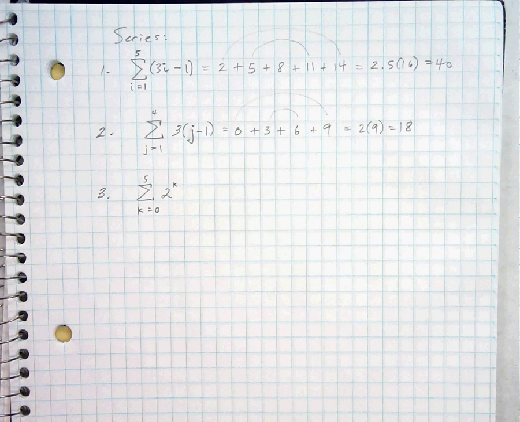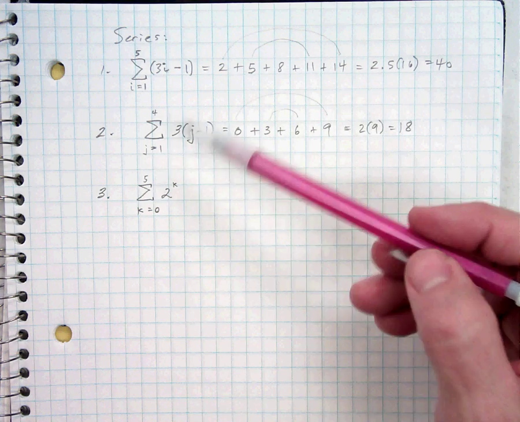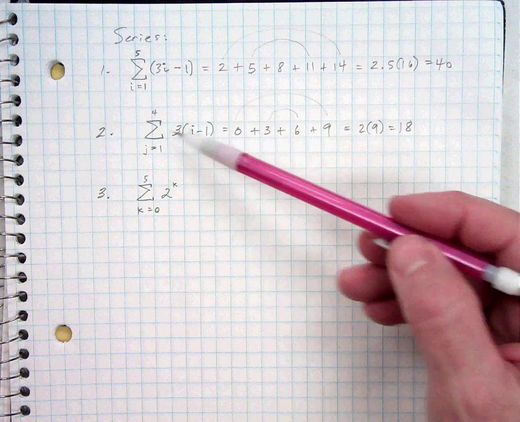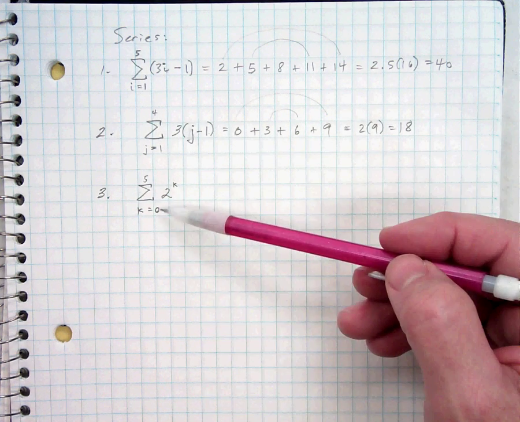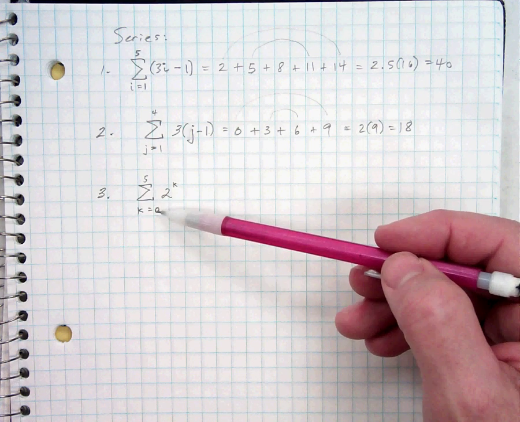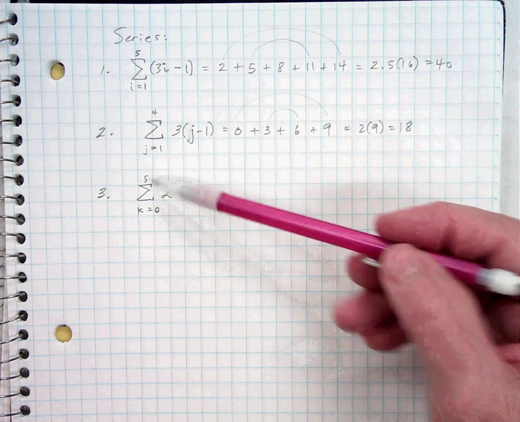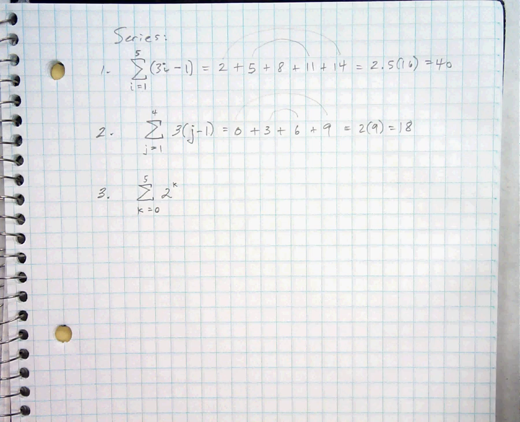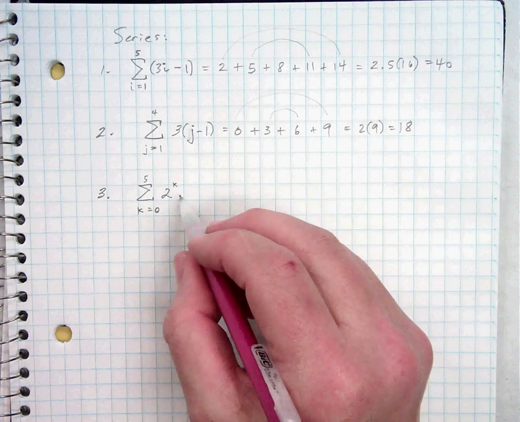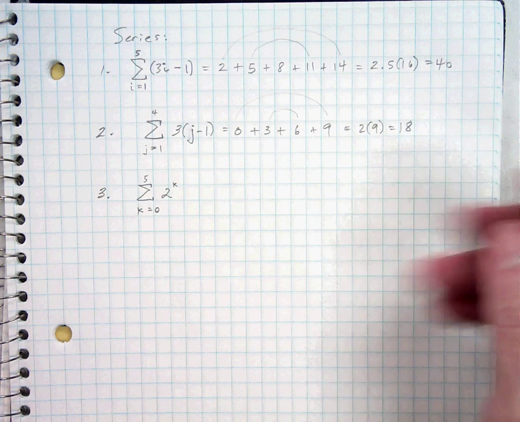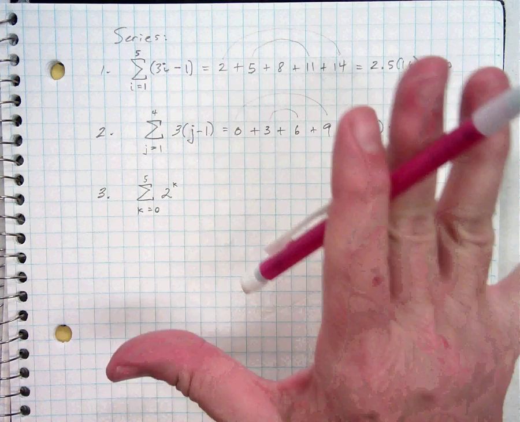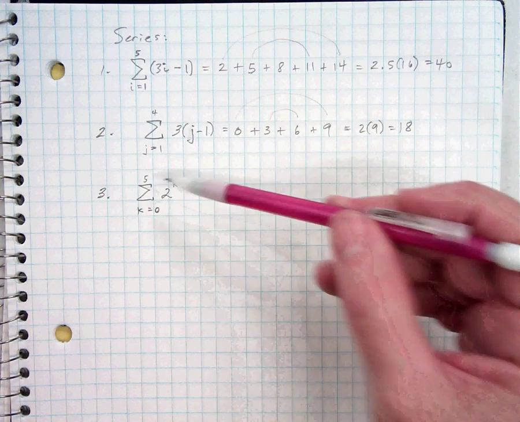So find those numbers. Keep in mind, here I started with 1 to 4, so that gave me 4 numbers. How many numbers am I going to have if I start at 0 to 5? Not 5 numbers. So go ahead and find those first numbers and add them up. Or, sorry, not 5 numbers. More than 5 numbers, and add them up.